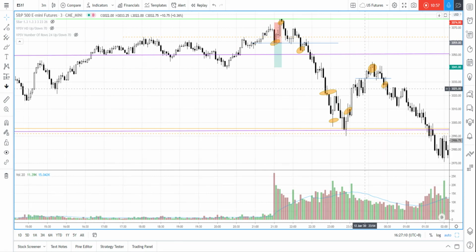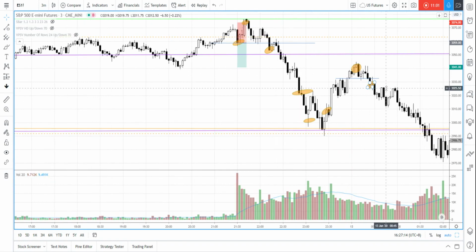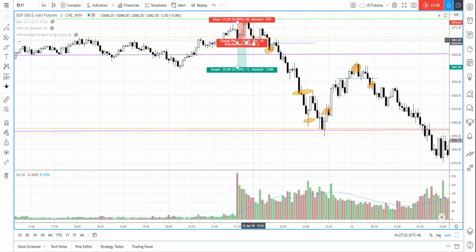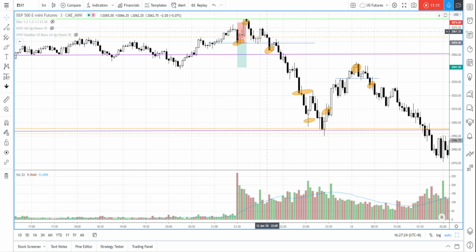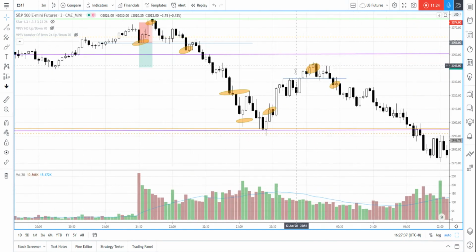And again, if you recognize, this kind of pattern really resembles or mimics the first short entry that I initiated here. This is again another structure, where we have a high here, a slightly lower high, or you can treat this whole thing as a little head and shoulder. Just look at this portion here.